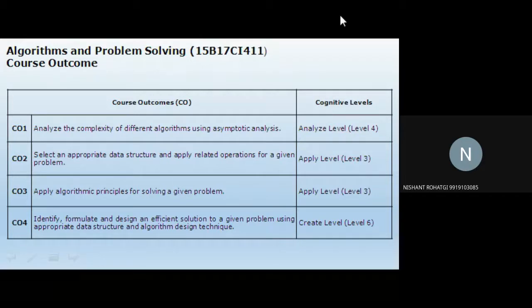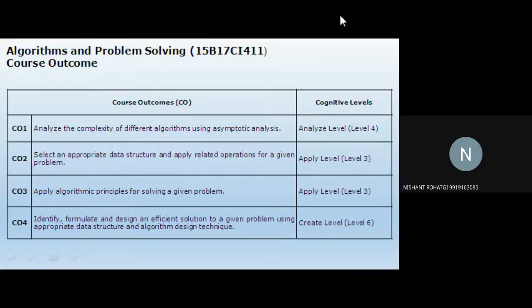So you should be able to develop the reasoning. And then finally, you should have the ability to identify, formulate, and design an efficient solution to a given problem using appropriate data structures and algorithm design techniques.